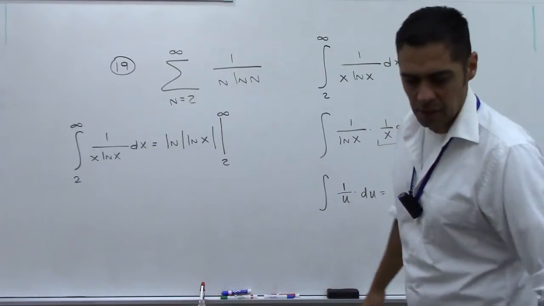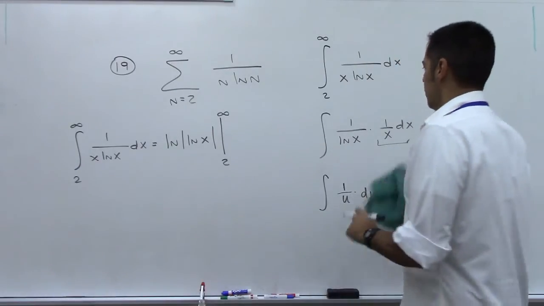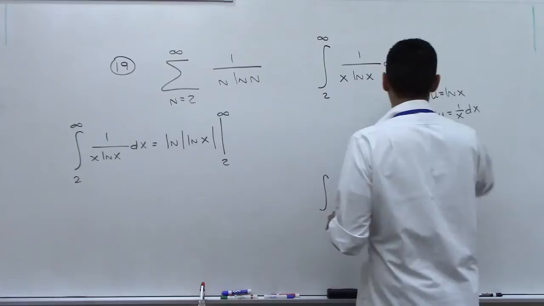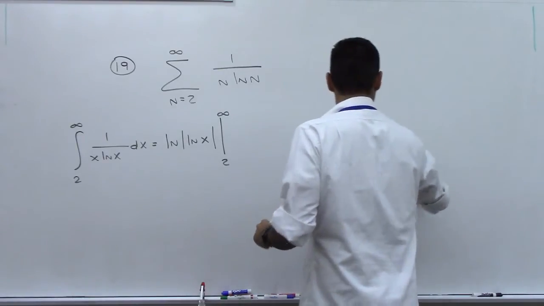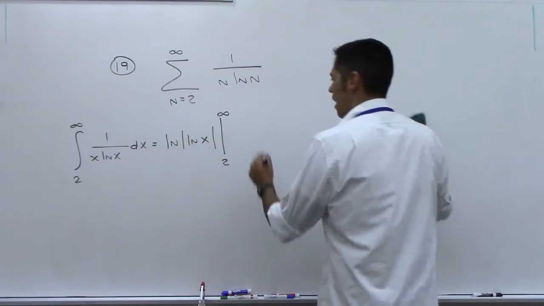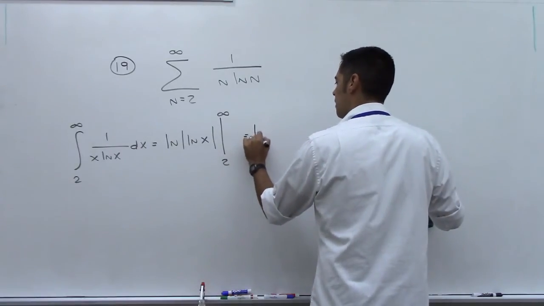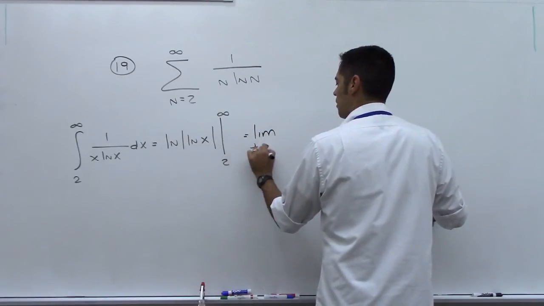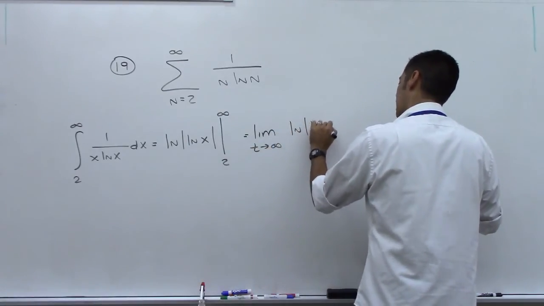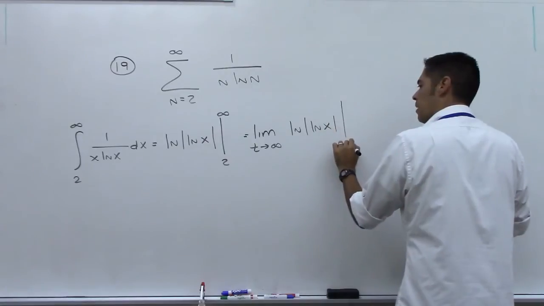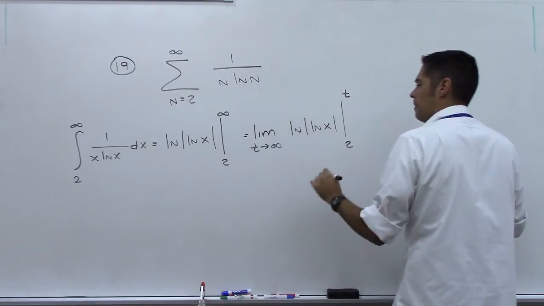Now I should be using a limit here, so let me go ahead and do that now. This equals the limit as t goes to infinity of natural log of natural log of x evaluated from 2 to t.